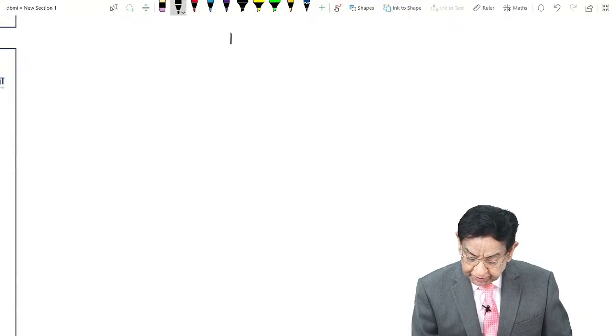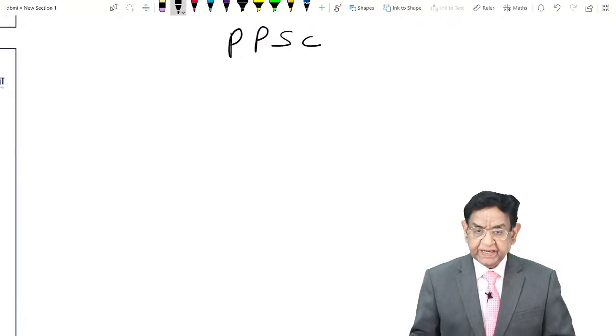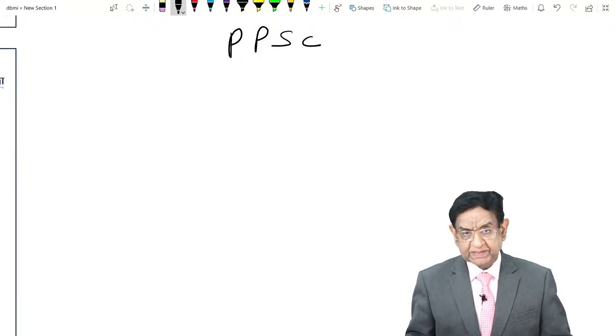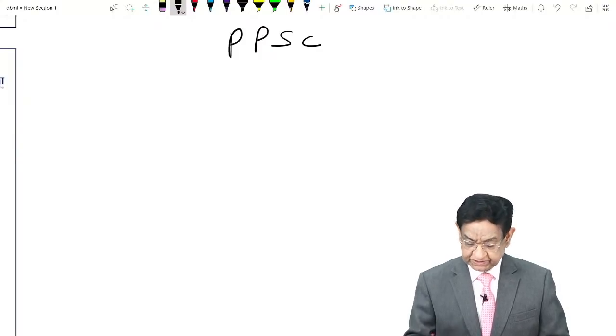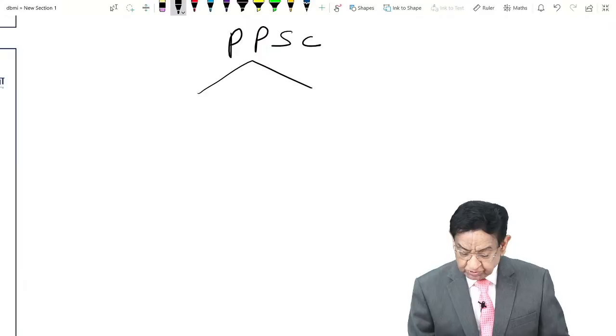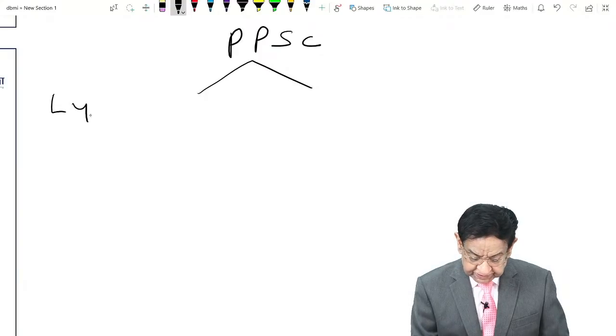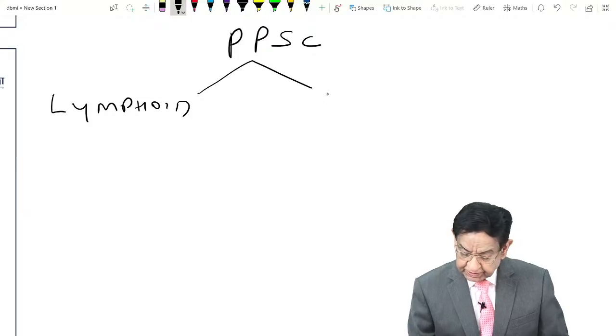We have the pluripotent stem cell. Everybody knows that the pluripotent stem cell is the main cell in the bone marrow from which all the cells arise. It gives rise to the lymphoid series. It gives rise to the myeloid series.